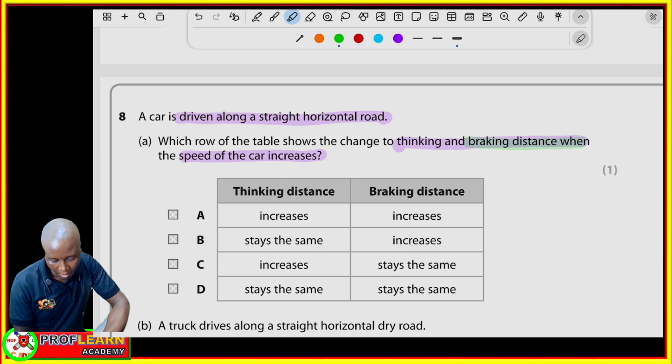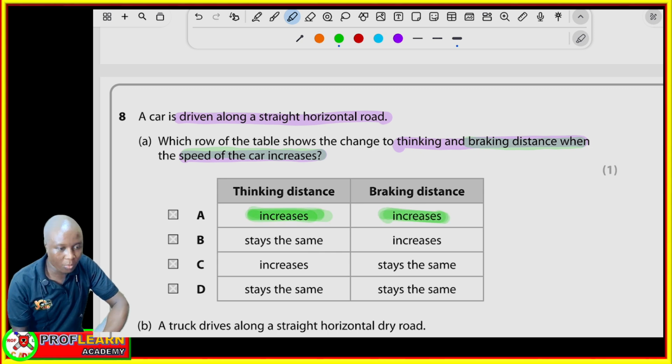So what changes happen as the speed of the car increases? If the speed of the car increases, then thinking distance is going to increase, and braking distance also is going to increase.